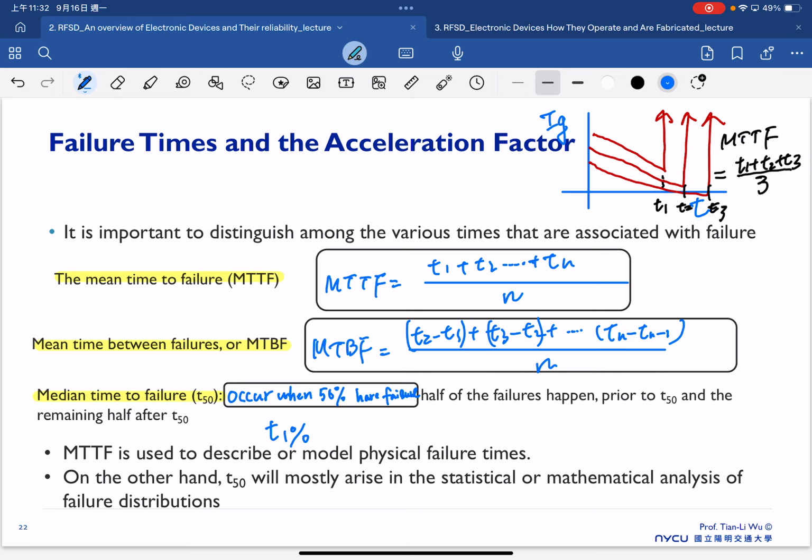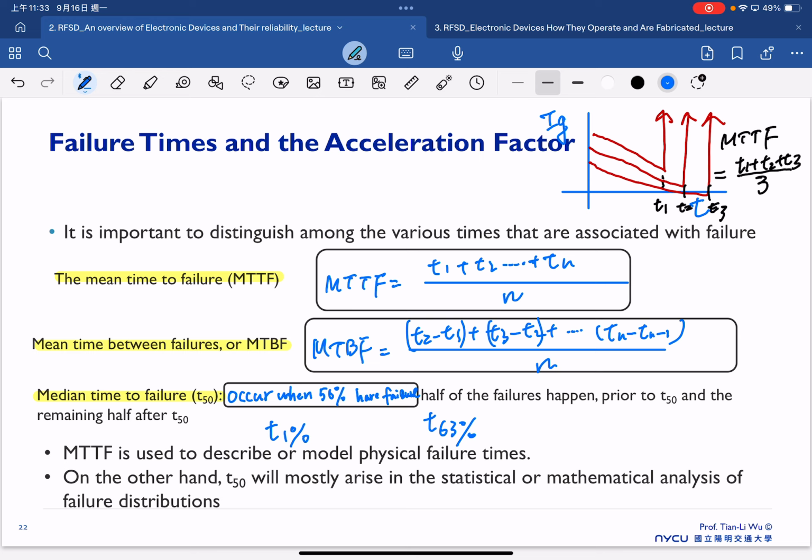But we still need to talk about T50, because later on there's another very often used number called T63%. So T63% means we have 63% failure within a certain time.